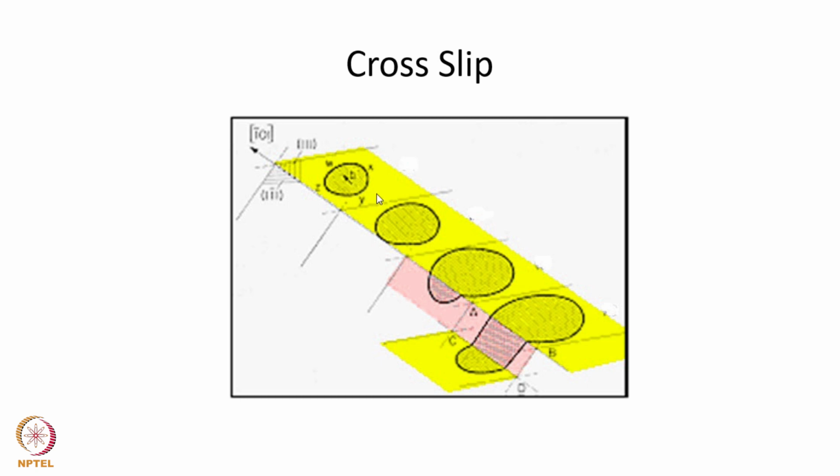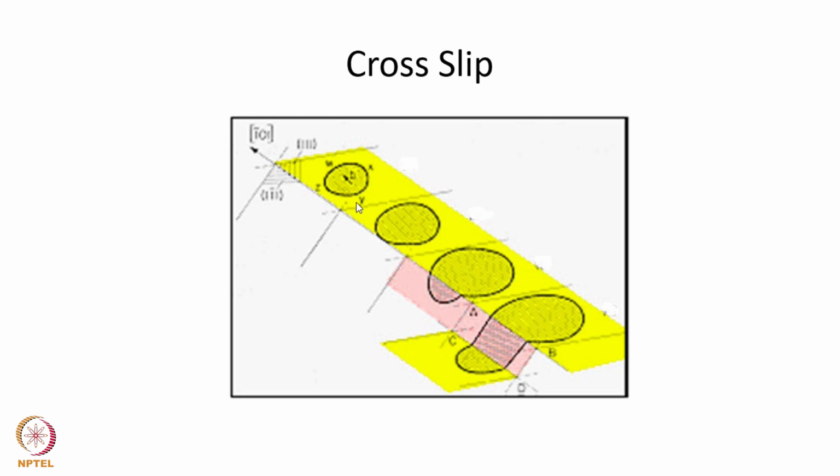edge in character, right? So if you have intersecting slip planes like this, the dislocation can move from one slip plane to the other slip plane, as long as these two planes contain a common slip direction, right?